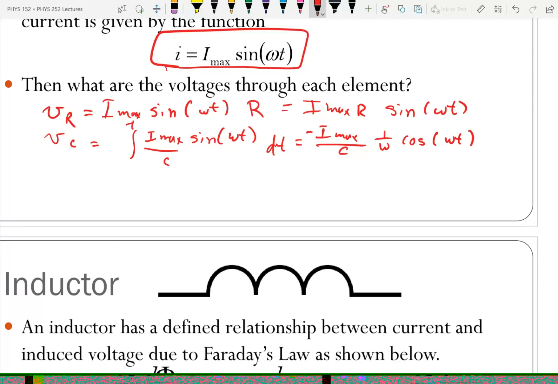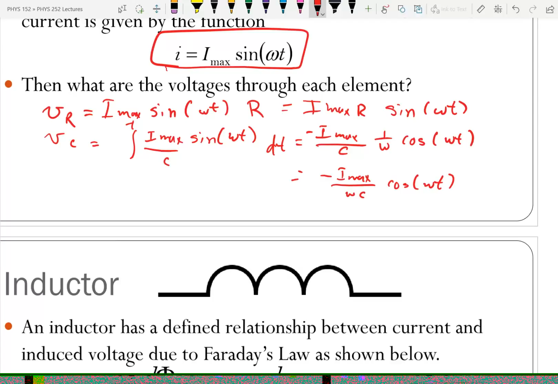So there we have that solution, and so that's equal to minus I max over omega C cosine of omega t. And then we say, well, how can we make this look more like the others?